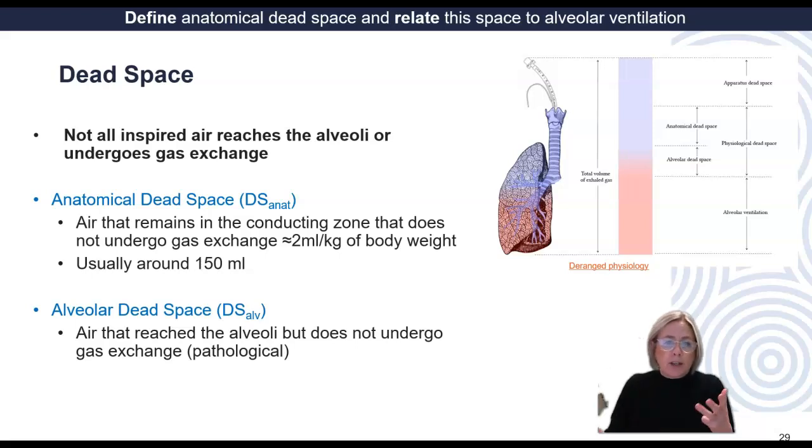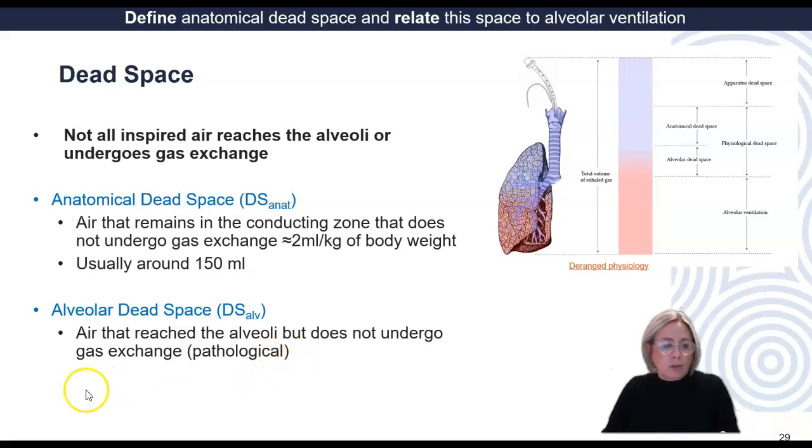You don't need to remember that it's 2 mils per kilo of body weight, but it's usually around 150 mils, right? We also have what we call alveolar dead space, right? And this is air that reached the alveoli, but it doesn't undergo gas exchange, right? So this shouldn't normally occur. But when it does occur, if you have alveolar dead space, it's usually a sign of a clinical condition.